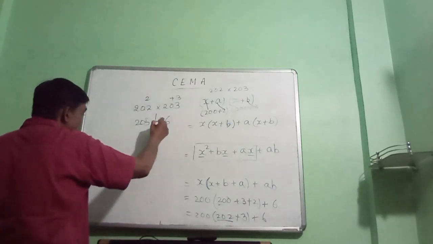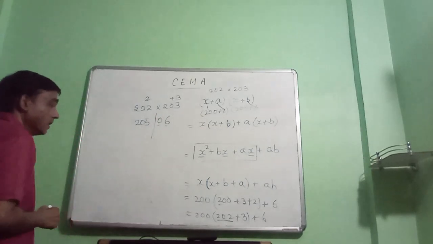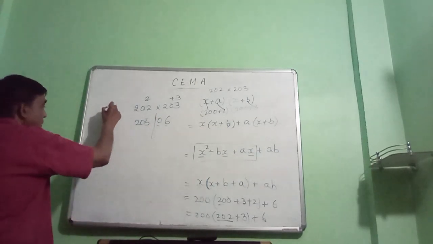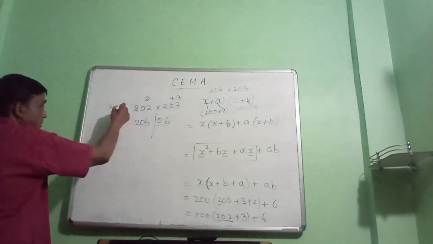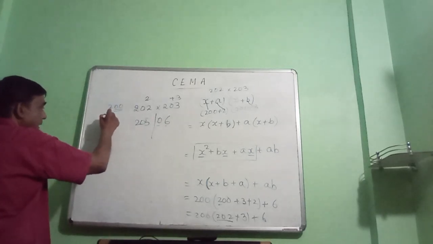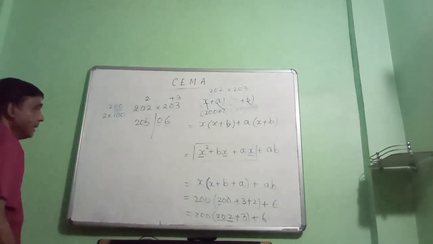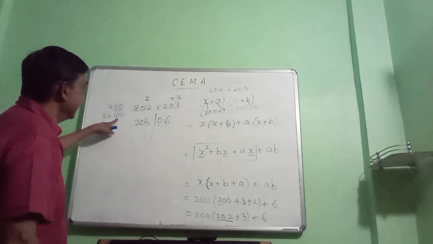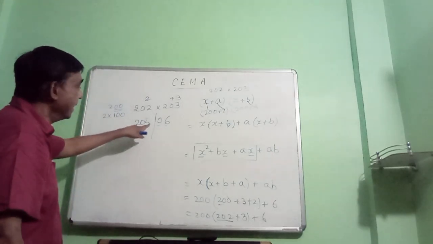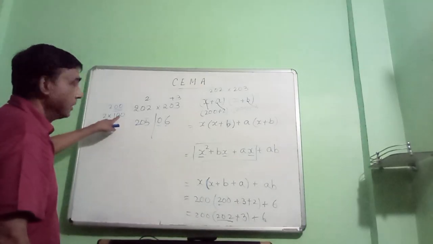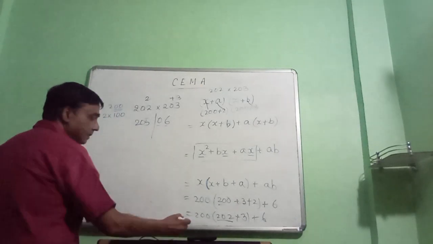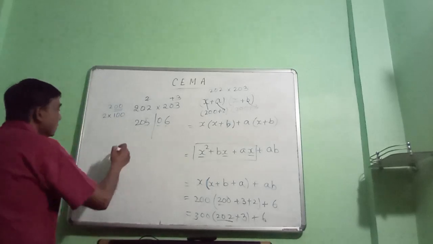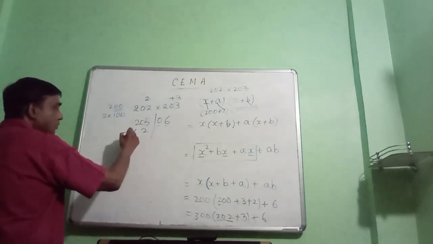And I told you you have to fill two spaces because we have a 200 here having two zeros. Actually this 200 is 2 multiplied by 100. So by putting these two zeros, what I have done is I have multiplied 205 with 100. Now all that is remaining is the 2. Okay, so I multiply it with 2.